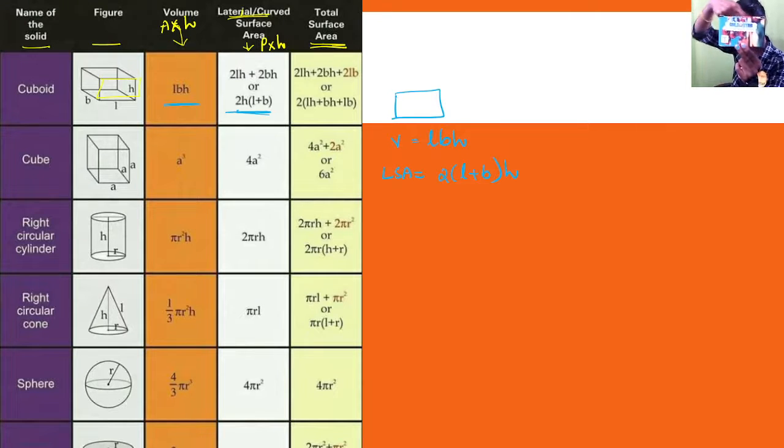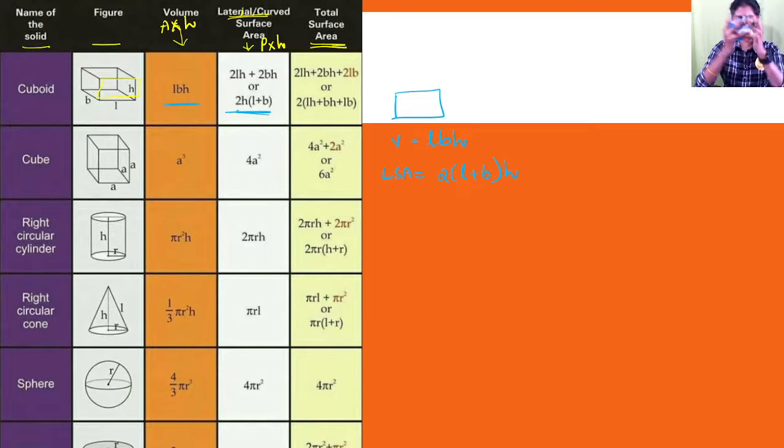Don't include the top and bottom. These 4 sides, front, back, left and right, are called the lateral surface area. If you are calculating the area of all the 4 sides, it is the lateral surface area. Clear? And if you also take the top and bottom, it is called the total surface area.